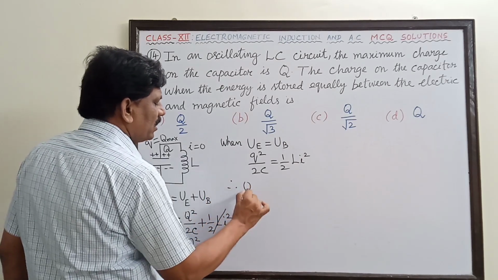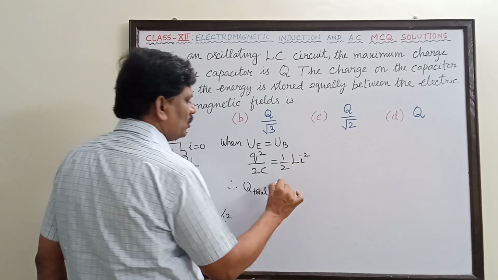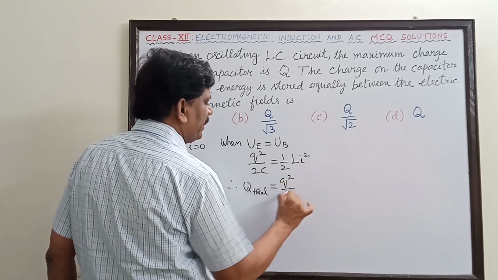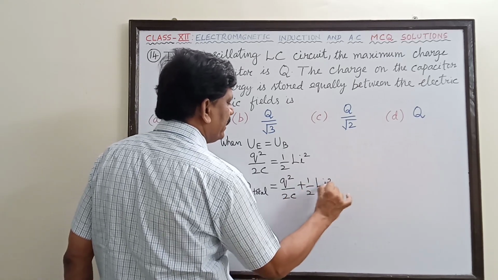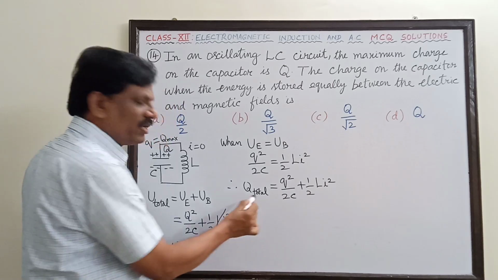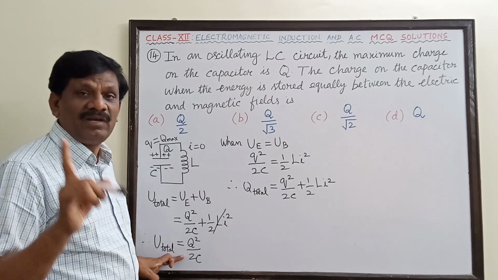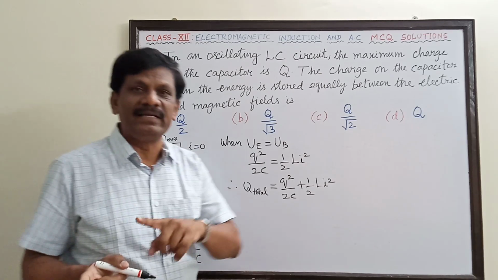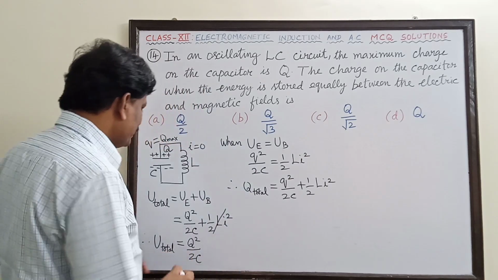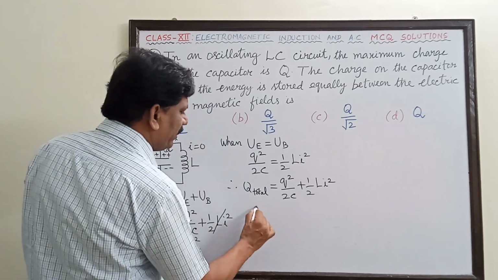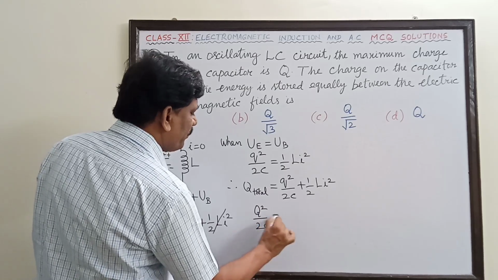The total energy is q square by 2C plus half L i square, and the total energy is always constant. Only the electrical energy and magnetic energy will be oscillating. So instead of total energy, on the left-hand side I am going to substitute Capital Q square divided by 2C.